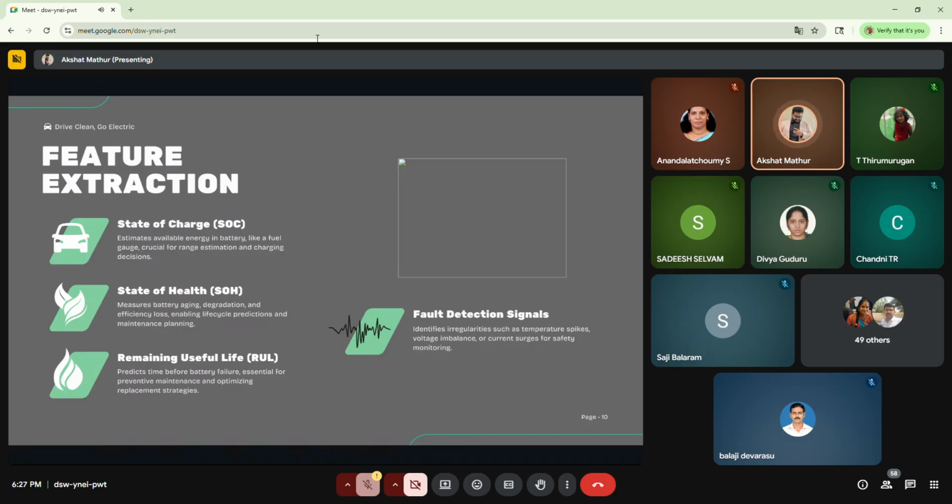Suppose there's 68% battery charge left in the vehicle; displaying to the driver the current or voltage we receive from the sensors is meaningless to him. So we put that data into the predictive algorithm, and it generates a result that is understandable to the customer.